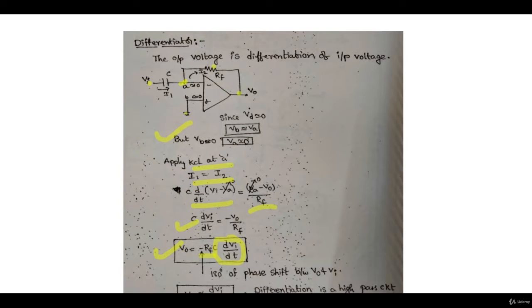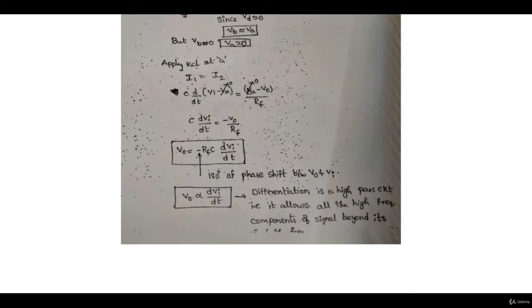The negative sign tells you that there is a 180 degree phase shift between output and input, and the constant is RF times C. So you can see how to achieve differentiation. V0 is proportional to dVi by dt.